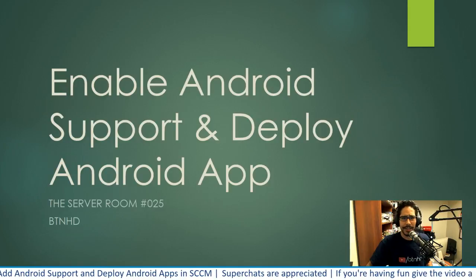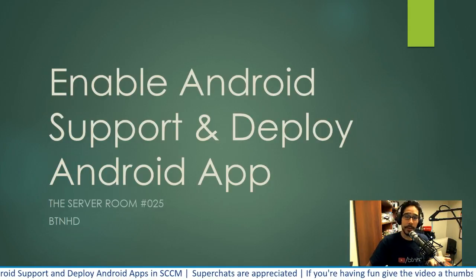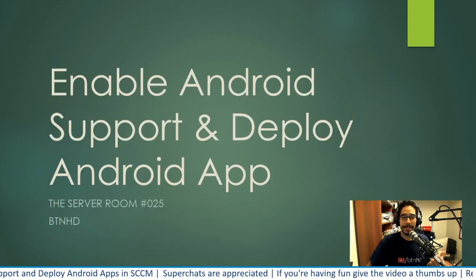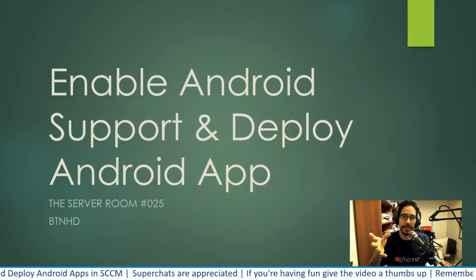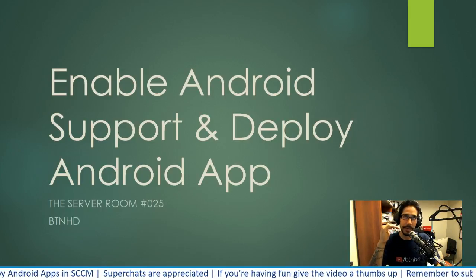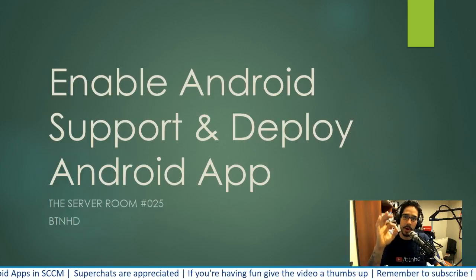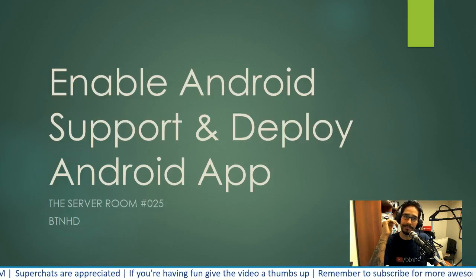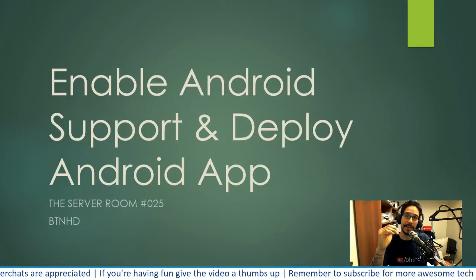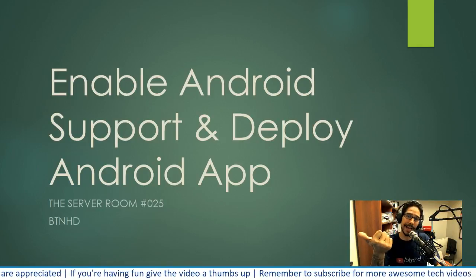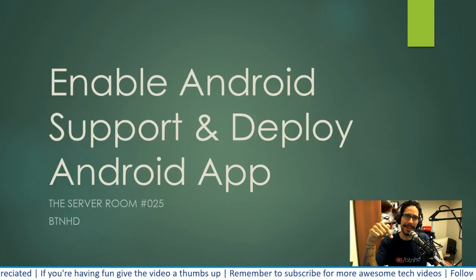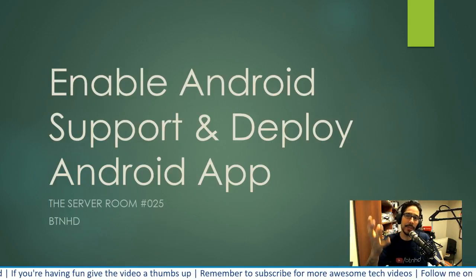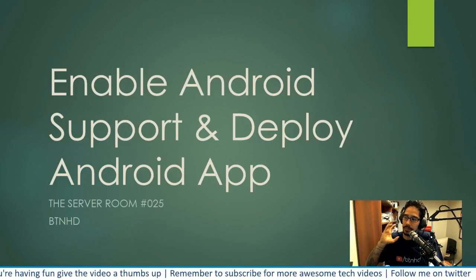Today is all about enabling Android support and deploying Android apps. The past couple episodes, I've been trying to push MDM, mobile device management, with SCCM. I'm trying to push out a lot of it because my Intune account has expired. It actually expired yesterday. So I'm debating whether or not I'm going to purchase it.